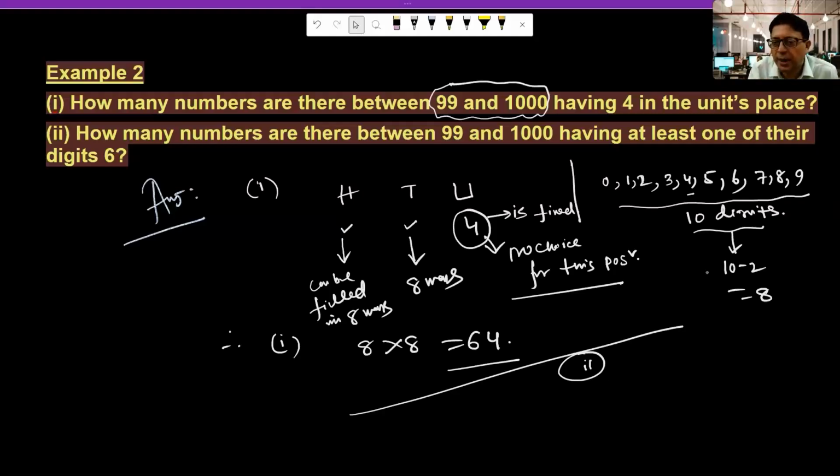It's a 3-digit number. Then I'll try to find it in this manner.